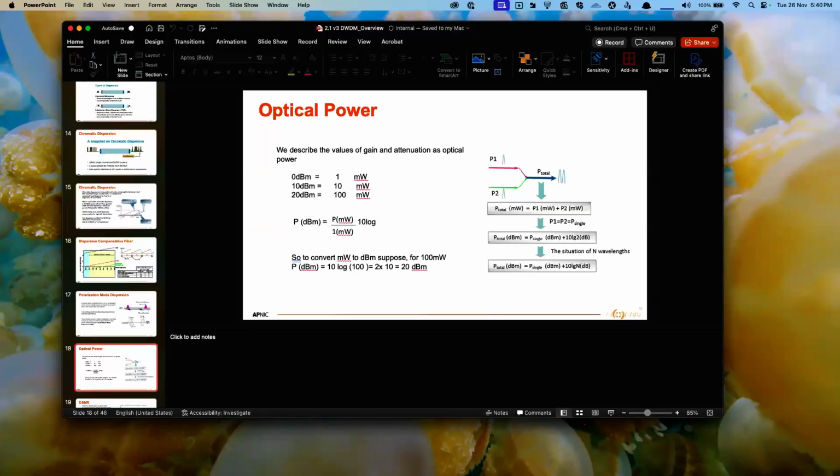Another question from Anand: what type of fibers are used in DCM modules? Is it G.653 DSF? Anand, I will discuss more on this tomorrow, but it depends. Different kinds of fibers are there. There is dispersion shifted fiber. There is non-zero dispersion shifted fiber.